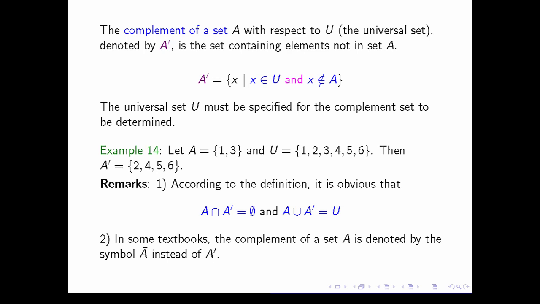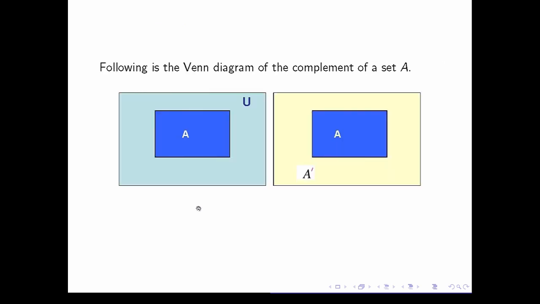In some textbooks, instead of A prime, A with a bar on top is also used. Here is a look at the Venn diagram of set A and its complement A prime. A is represented by the blue rectangle, while its complement A prime is the yellow area.